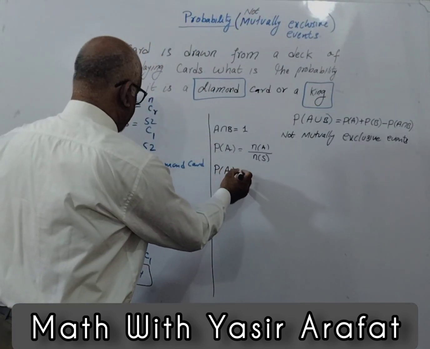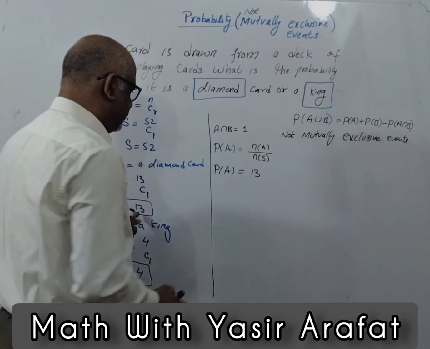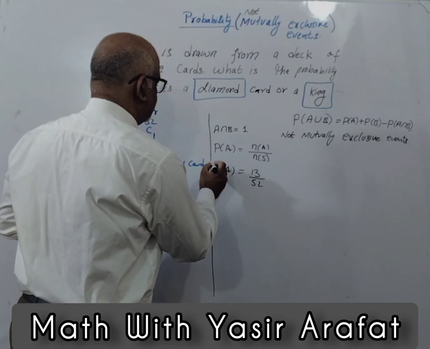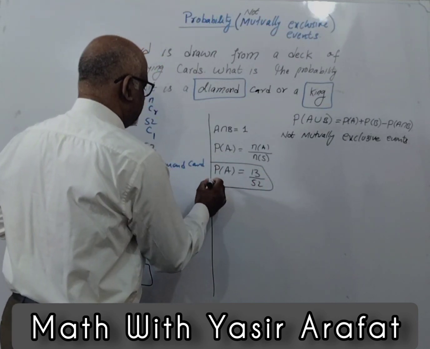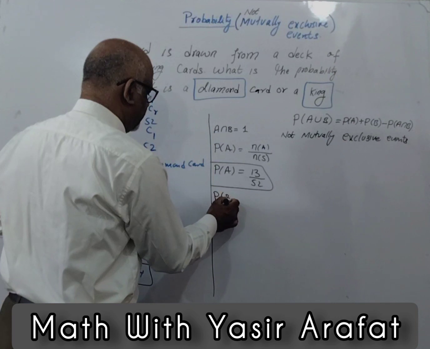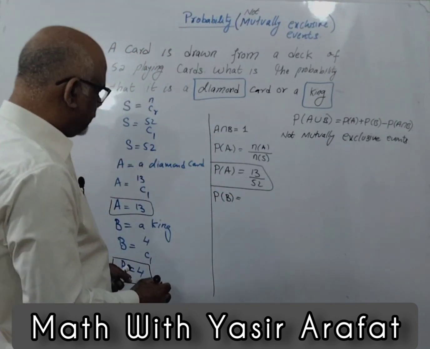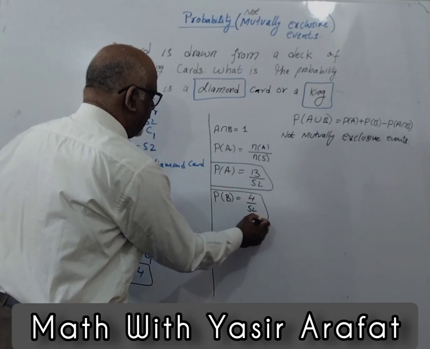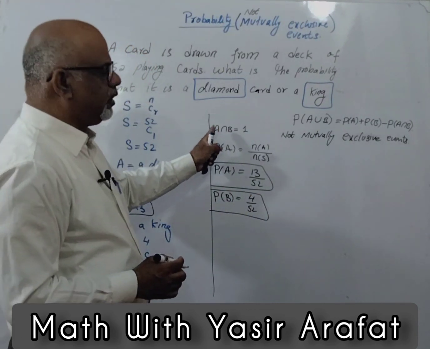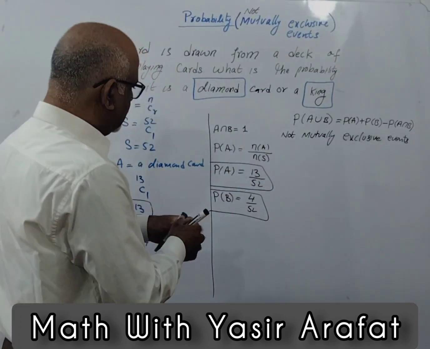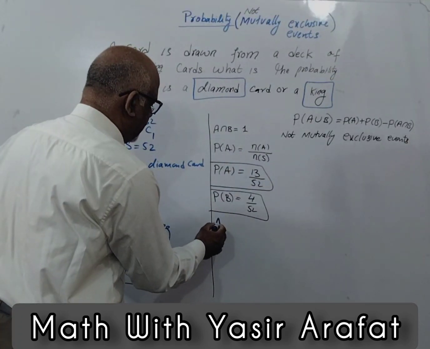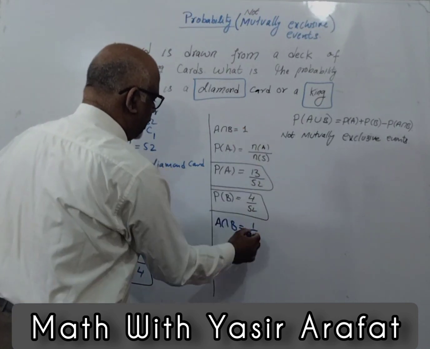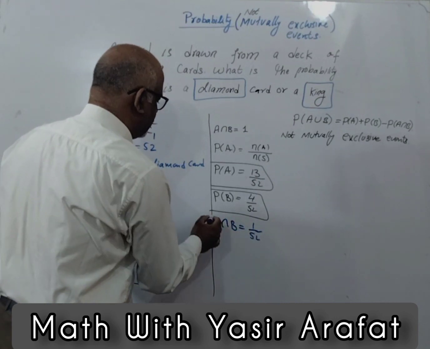So this is 13 diamond cards, sample space is 52. Probability of B, there are 4 cards, 4 over 52. And now we have to find out the probability of A intersection B as well. So this is A intersection B. There are total 1 card and sample space is 52 cards.